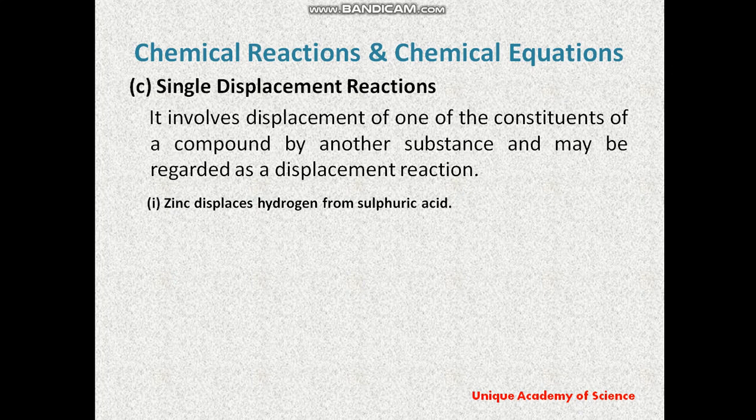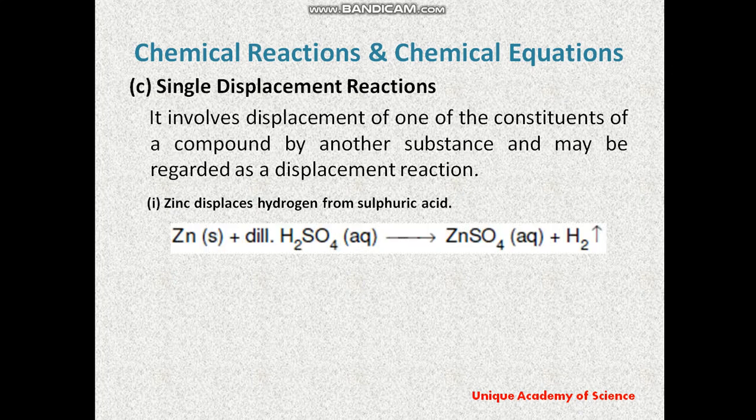For example, zinc displaces hydrogen from sulfuric acid. So here you can see that Zn, meaning zinc metal, is put into H2SO4, meaning dilute sulfuric acid, so it gives ZnSO4 and hydrogen gas is removed.